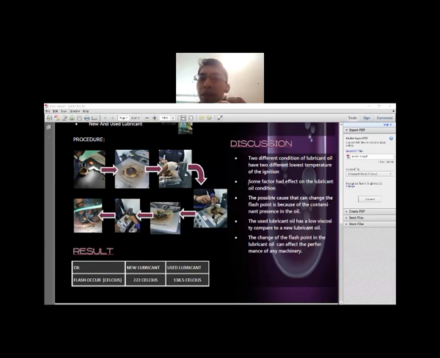Also, the used lubricant oil has a low viscosity compared to the new lubricant oil, which will affect the flash point value. The change of the flash point in the lubricant can affect the performance of any machinery. This means that the used lubricant oil can affect the performance of the gear in any machinery. So that's all, the conclusion.